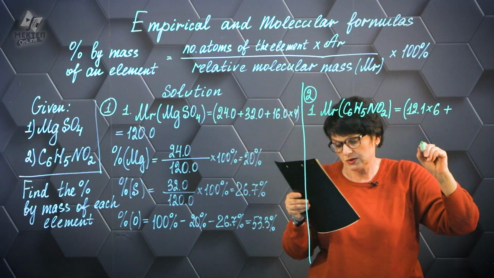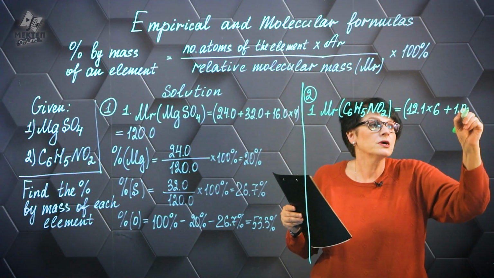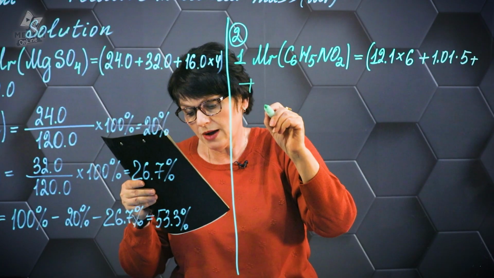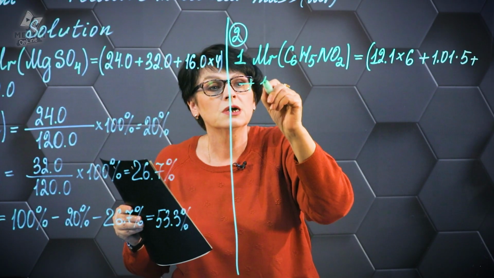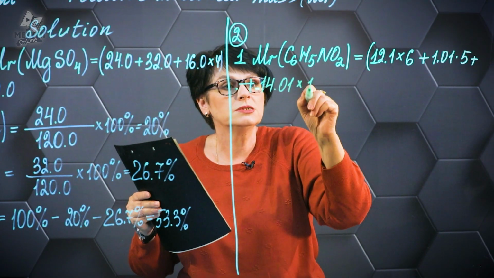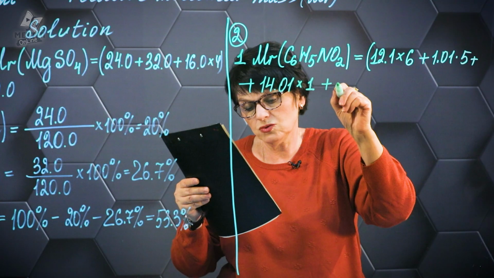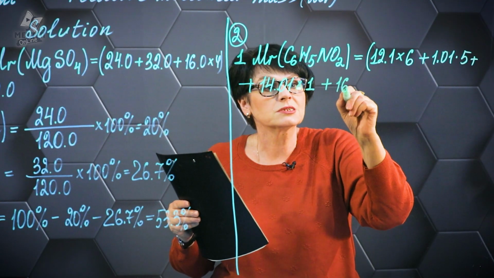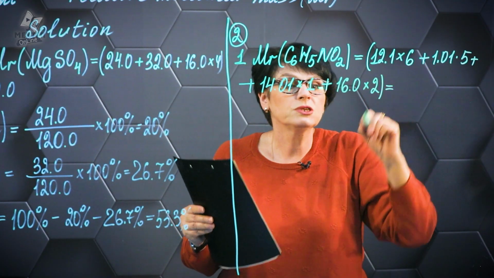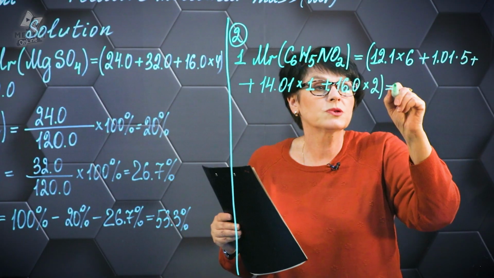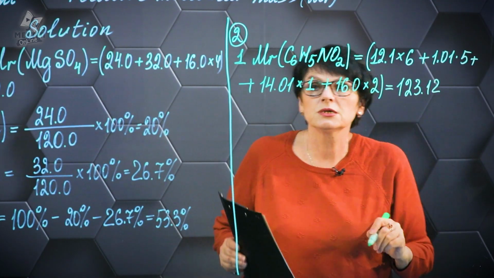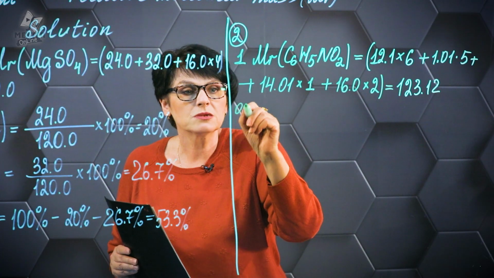For hydrogen, let's take the precision as 1.01 multiplied by 5. Next, for nitrogen, the value will be 14.01 multiplied by 1 in this case. And for oxygen, it will be 16.00 multiplied by 2. And if we carry out this calculation with such precision, we will get 123.12.